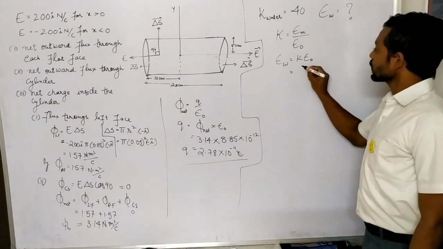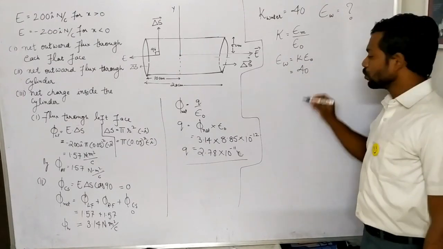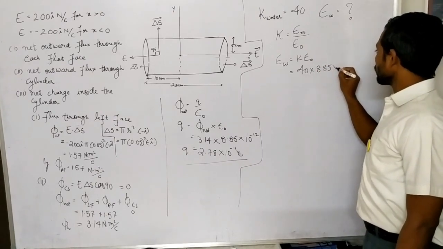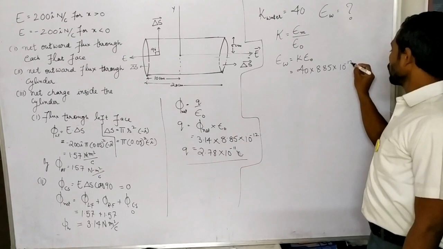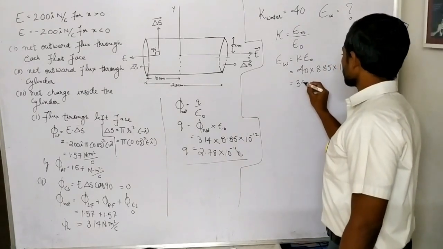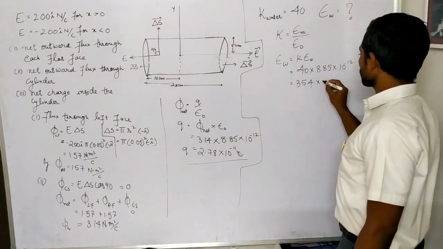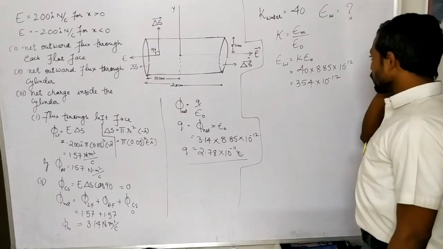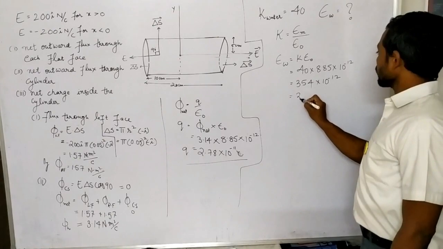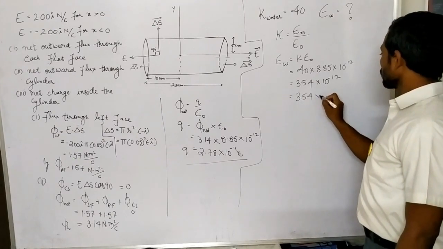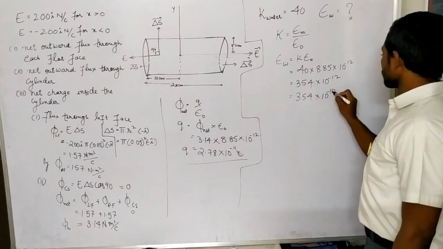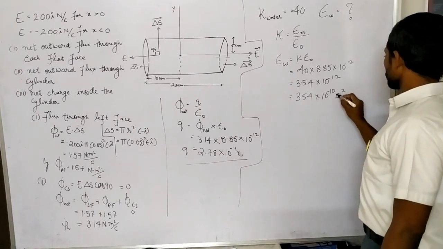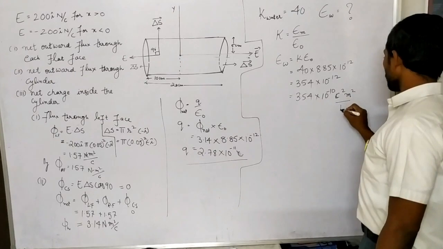So dielectric constant is given 40. Epsilon naught value is 8.85 into 10 to the power of minus 12. So we get 354, or we can write this as 3.54 into 10 to the power of minus 10 coulomb square per newton meter square.